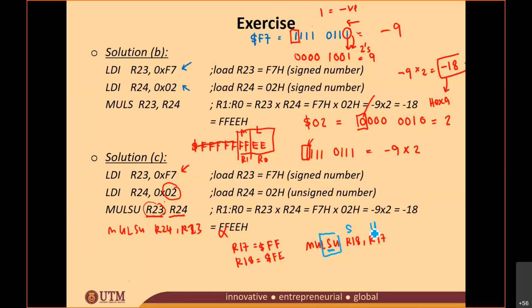The second register is your unsigned number. So R18, you need to tukarkan dulu dia punya tu kepada second complement to get the negative number, while FF, just take this value, which is 255. Then multiply the negative number with 255, because R17 is your unsigned number.